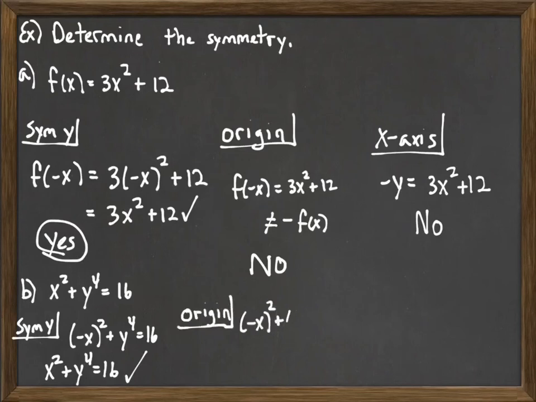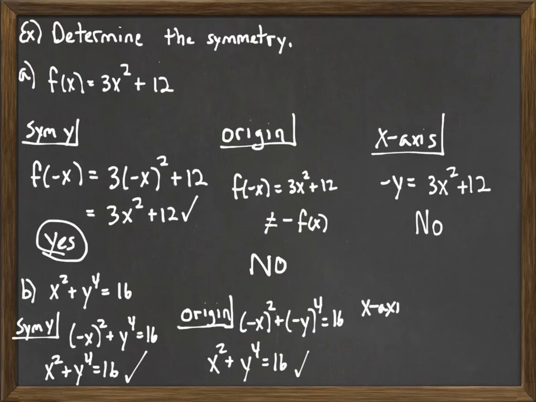So we check the origin. For the origin, in equation form, we replace both x and y with their negatives. And if we can get back to the original equation, then we have that kind of symmetry. Otherwise, we do not. So here, because x is being raised to the second power and y to the fourth power, the negative signs will disappear, and so we do have that symmetry.